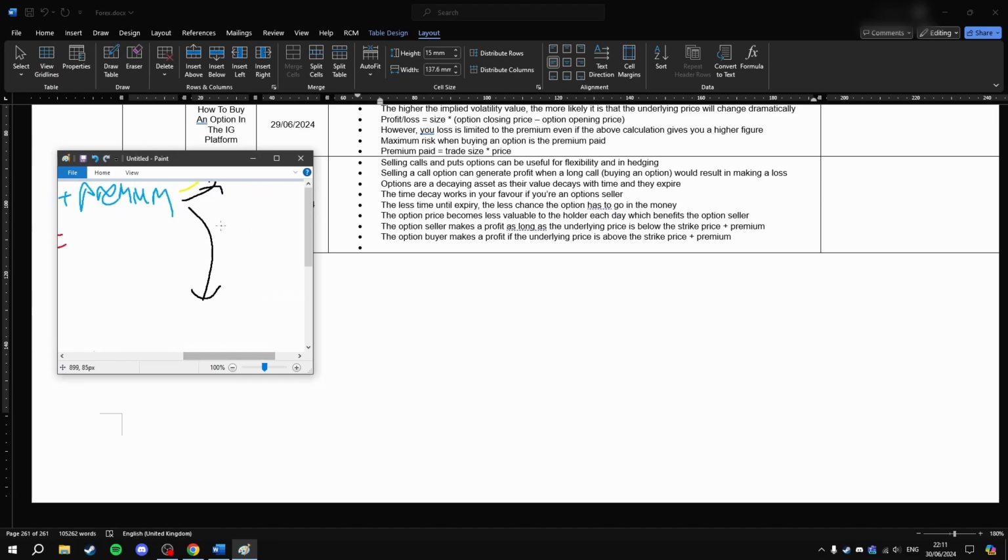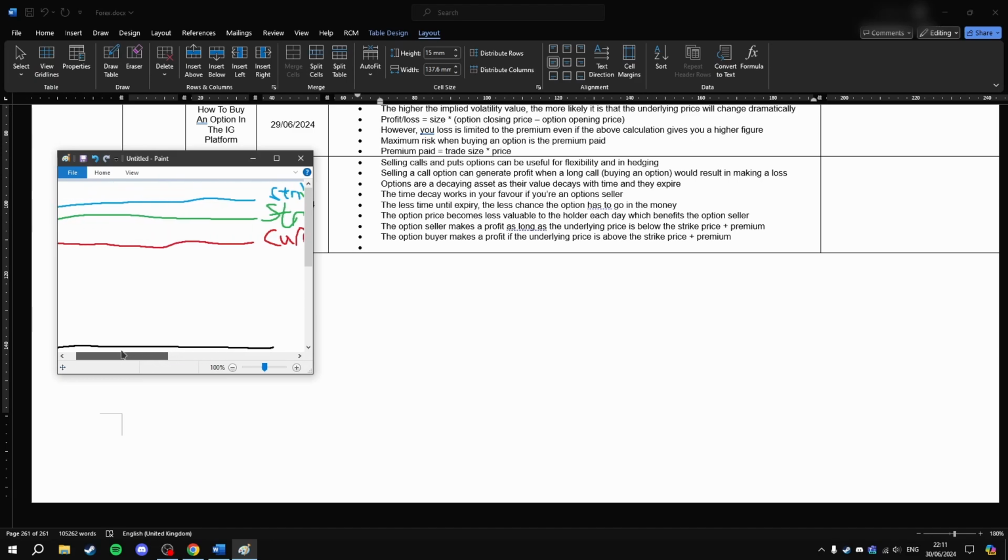Buying a call option, your profit only starts to come in when the underlying market price goes above the strike price plus the premium. So if you're shorting it, it's basically the opposite. Anything below the strike plus the premium is the profit level for shorting a call option.